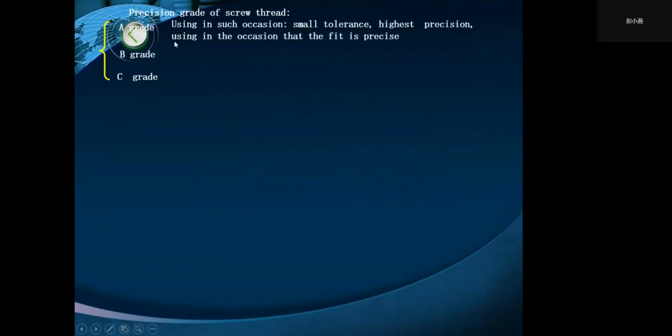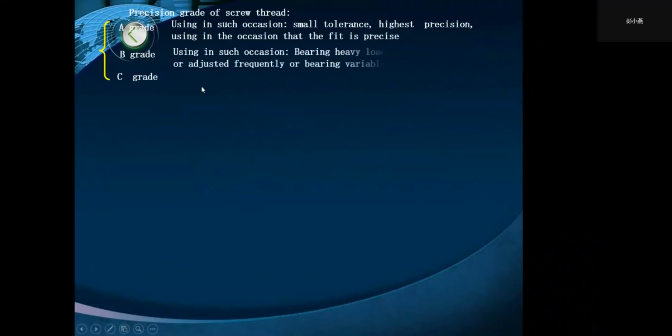There are 3 processing grades for screw thread: A grade, B grade, and C grade. A grade screw thread has small tolerance, high processing precision, universally used in occasions where the fit is precise.